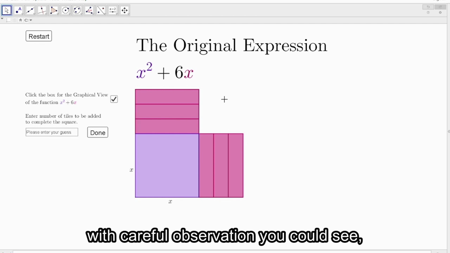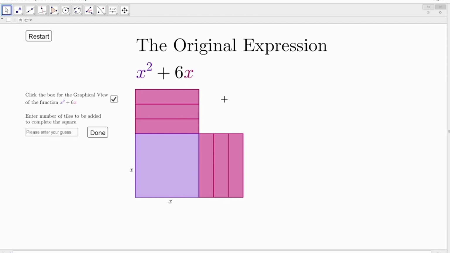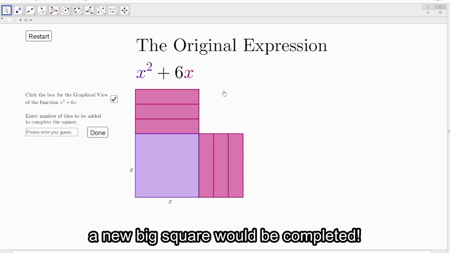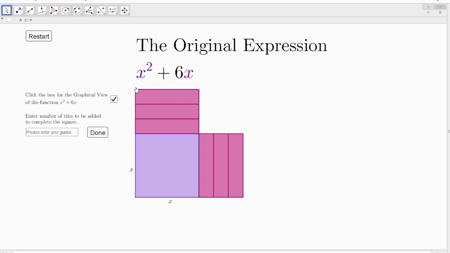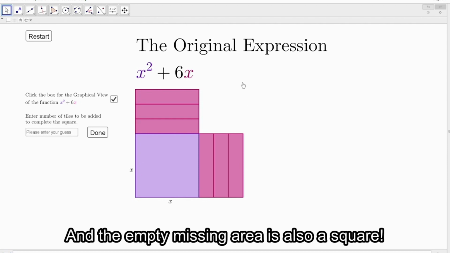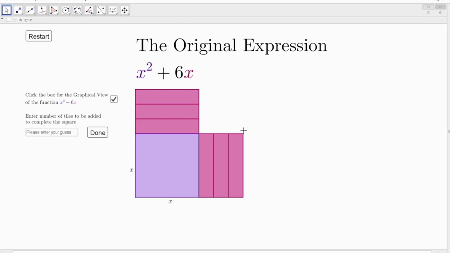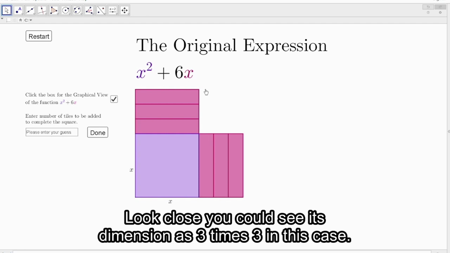With careful observation, you could see if we could fill the area here, a big square would be completed. And the empty missing area is also a square. Look close, you could see its dimension as 3 times 3 in this case.